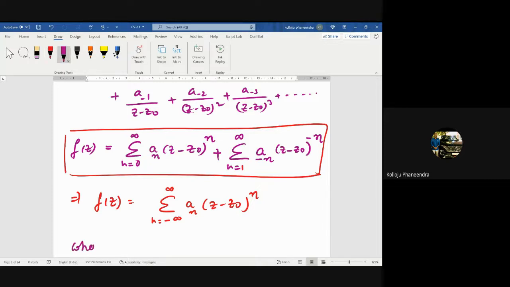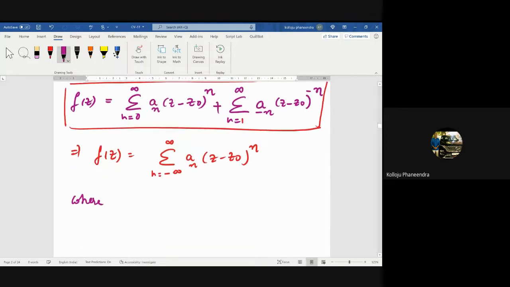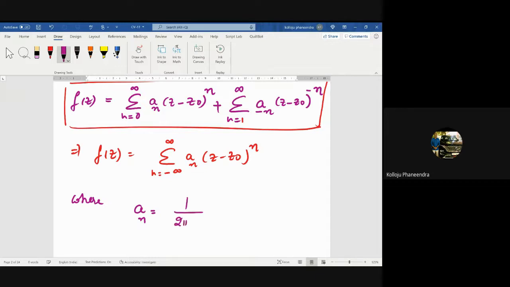Here, this is important. Don't forget this formula. Where a_n, what is a_n? In Taylor series, what is the a_n formula? 1 by n factorial and the derivative at z naught. Now in Laurent series, the a_n formula is 1 by 2 pi i integral over gamma. I can take gamma as C, C1, C2 taken now.